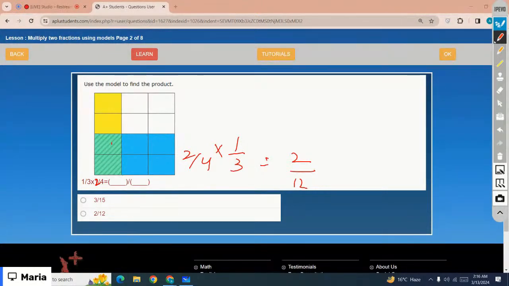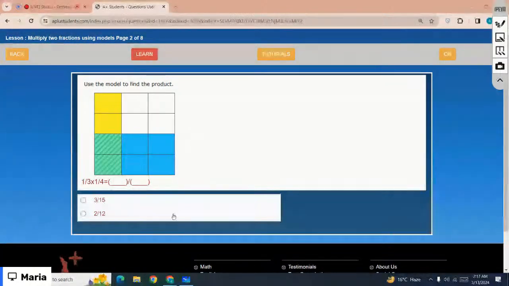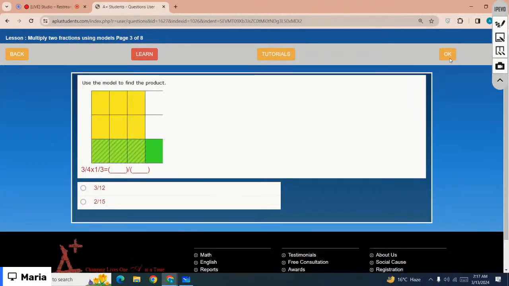The correct option is 2 over 12, right? No one is answering why. They are very easy, still no one is answering. Okay, the next one is use the model to find the product.